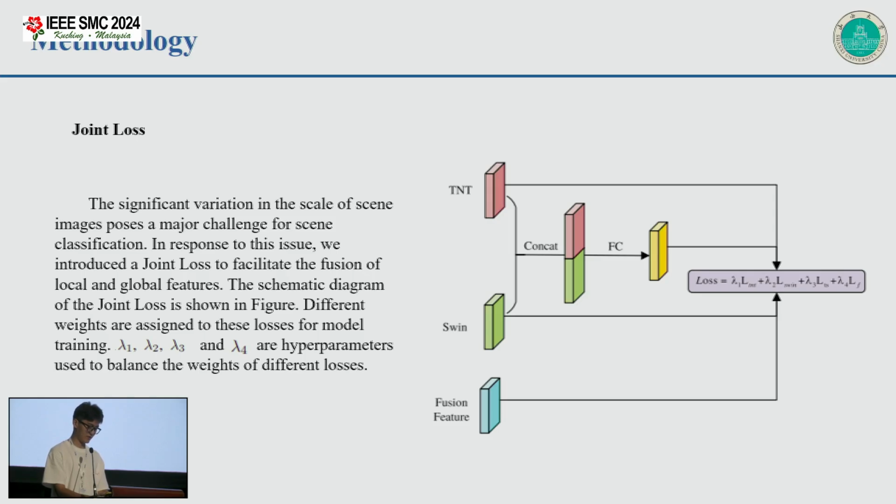In response to the issue, we introduced a joint loss to facilitate the fusion of local and global features. Lambda 1, lambda 2, lambda 3, and lambda 4 are hyperparameters used to balance the weight of different losses.